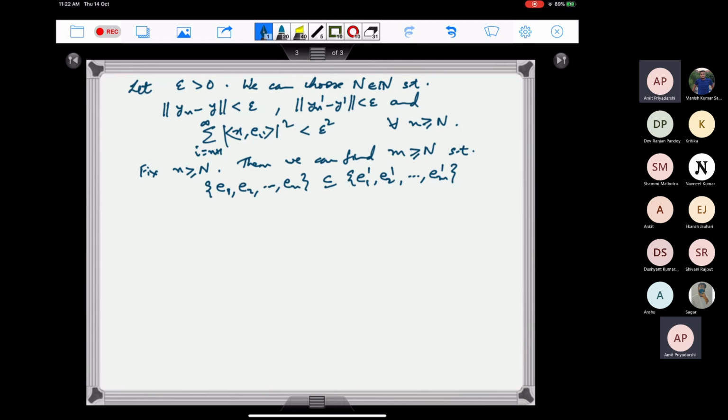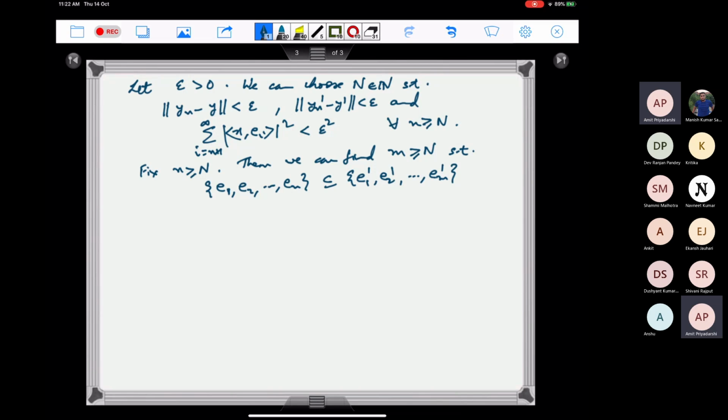This can be done because this is just a finite subset of E1 dash, E2 dash, and so on. So we can find M such that this happens.